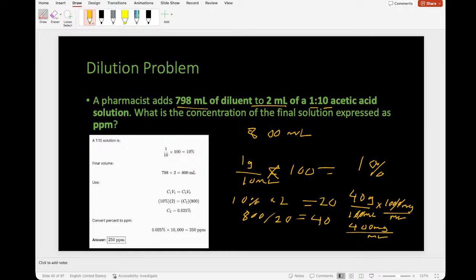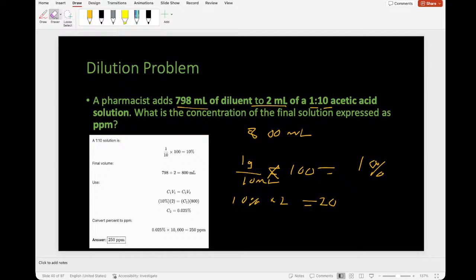Hold on just a second, I think I messed up here. It's the other way around. I didn't look at it that way. You're trying to figure out C2 in this question, and what you have here is C1 and V1. So you're actually dividing the other way.